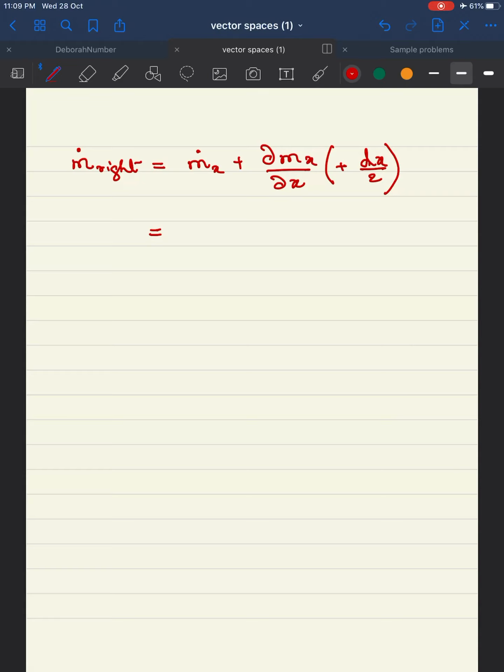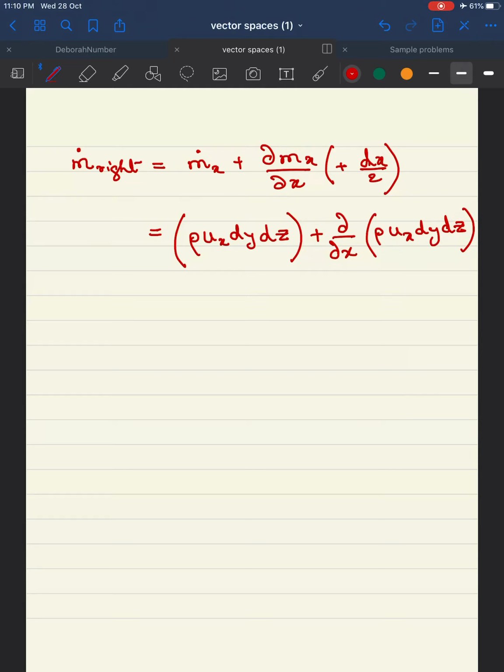M dot x is basically nothing but rho u x dy dz, plus del x of this same quantity multiplied by dx by 2.